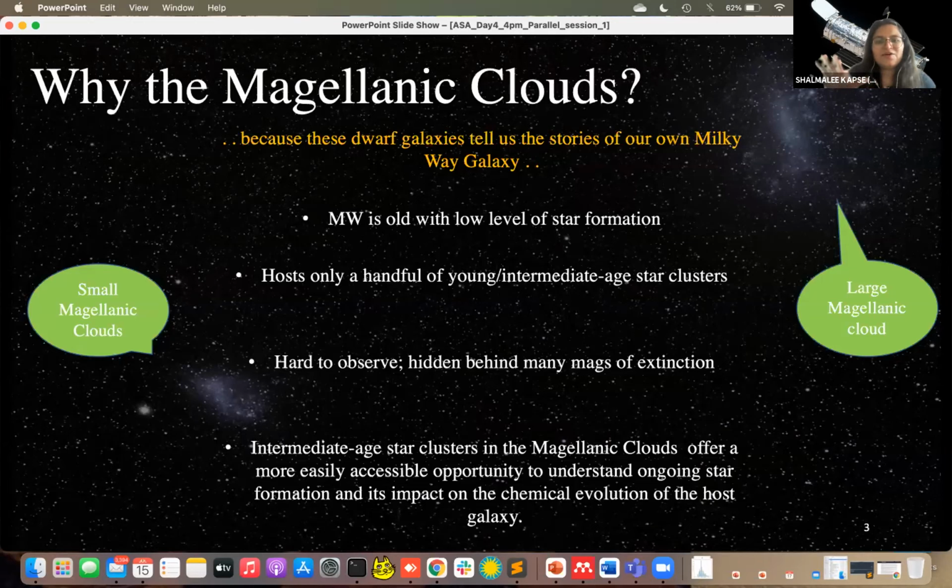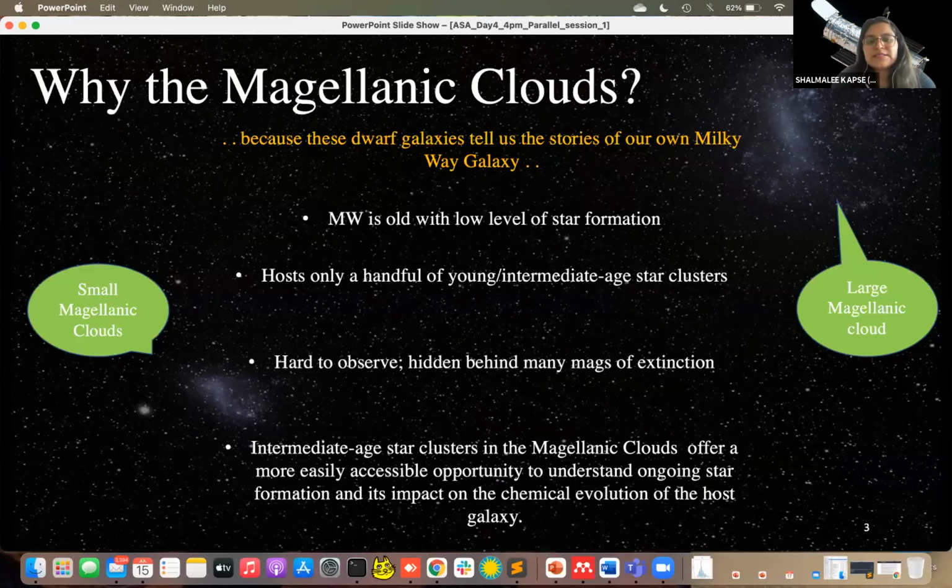When I say young or intermediate age clusters, I consider these clusters in the range of 1 to 3 giga-years old, and the old clusters in the range of more than 7 giga-years old. So our own Milky Way galaxy doesn't have that many young and intermediate age clusters, so we have to rely on other young clusters which are residing in our nearest galaxies.